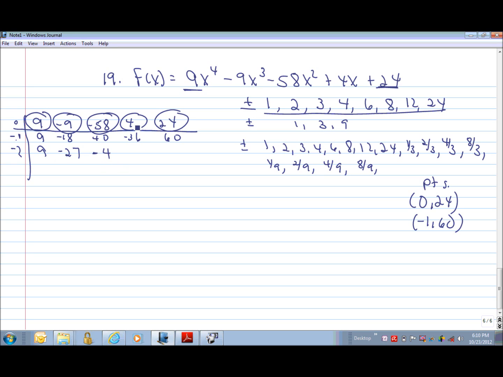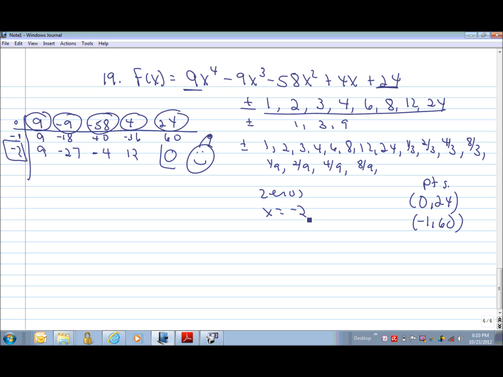Positive 8 and 4 would be positive 12. And negative 2 times 12 would be negative 24. And positive 24, that gives us a 0. Woohoo. There we go. Go Bearcats. All right, so we found a 0. So our zeros are x equals, we found 1 at negative 2.